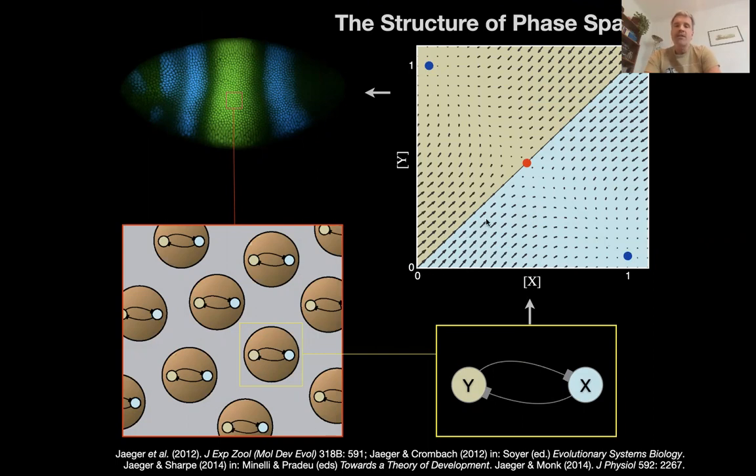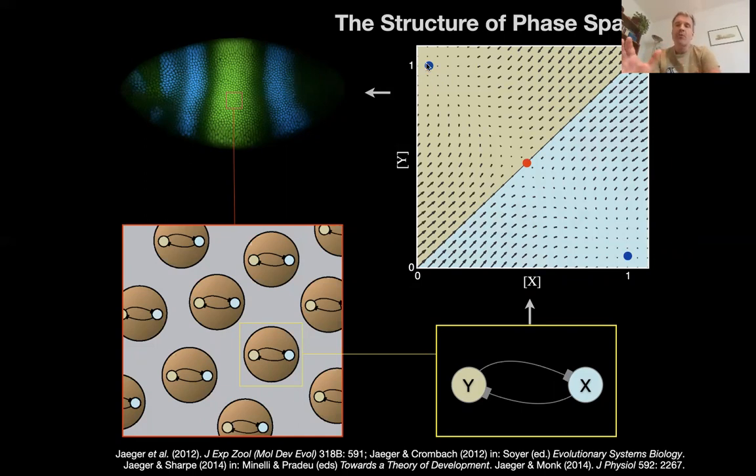And you can see that there are two basins of attraction and there are trajectories in these basins. The flow within these basins ends up necessarily at one of the two attractor points. And this explains why this system acts like a toggle switch.